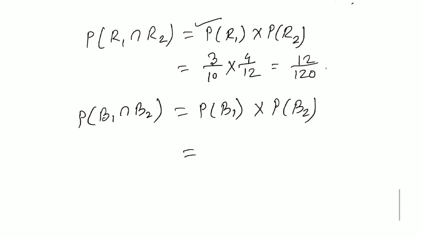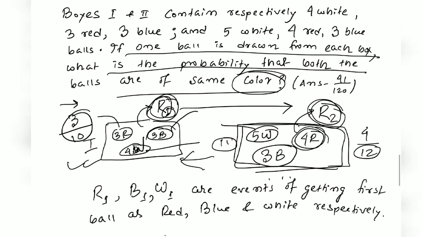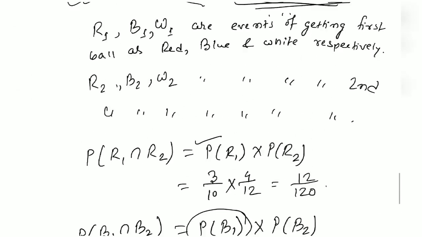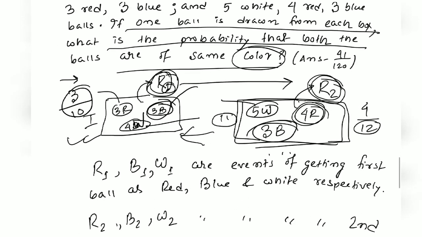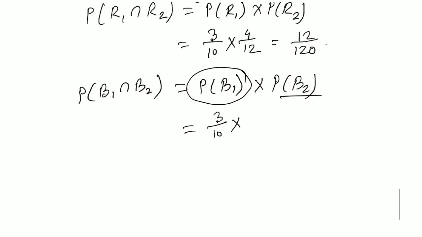What is P of B1? The probability of getting a blue ball from the first box. There are 3 blue balls and a total of 10 balls, so 3 by 10, into 3 by 12 for the second box, which gives 9 by 120.